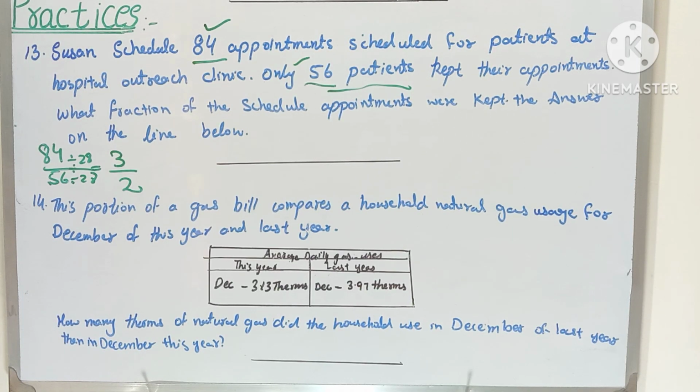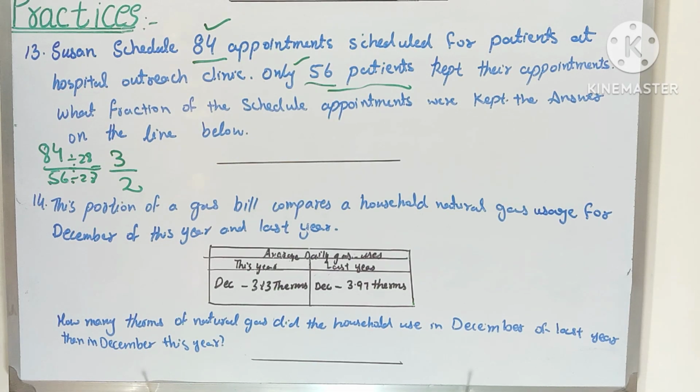Next, question number 14. This chart compares a household's natural gas usage for December of this year and last year. This year, December 3.13 therms; last year, December 3.97 therms. How many therms of natural gas did the household use in December last year than December this year? We are comparing average daily natural gas usage.